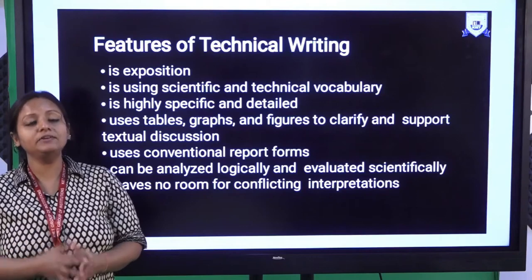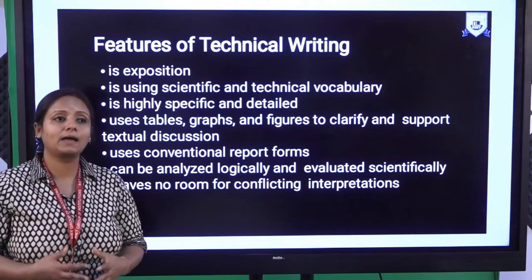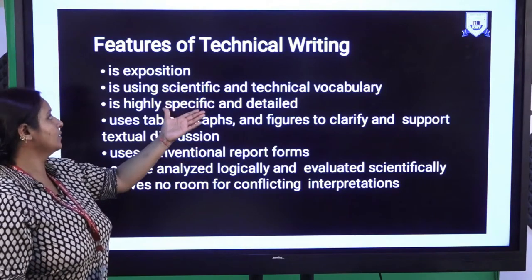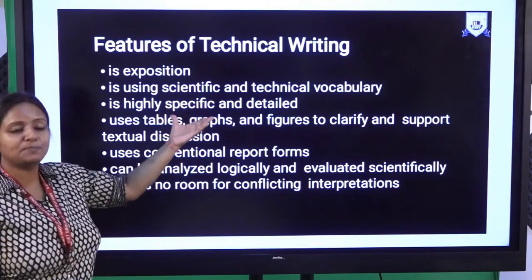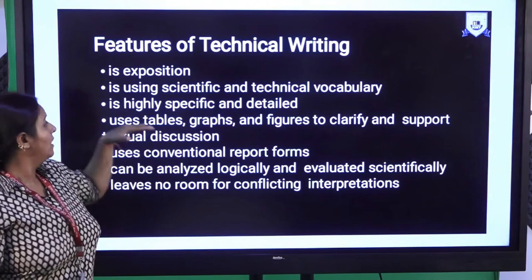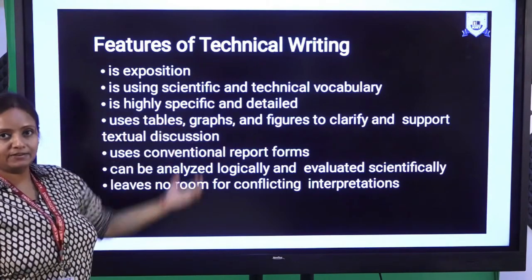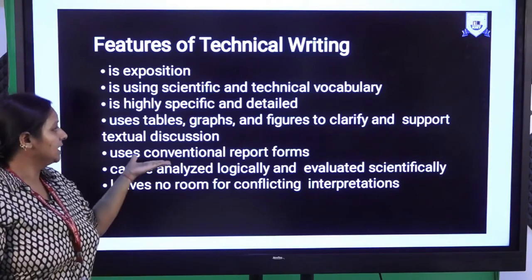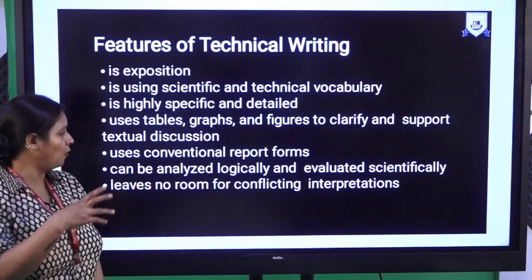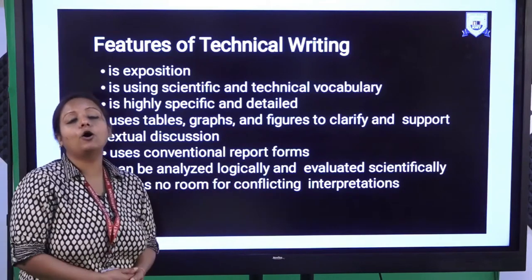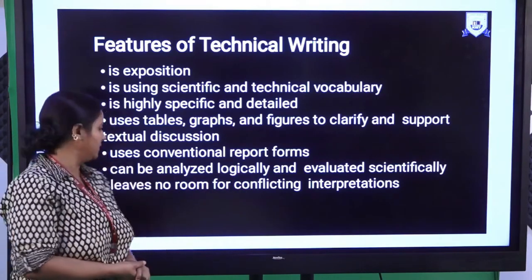Similarly, in the technical field also there are certain sets of vocabulary which are frequently used, and those are used in technical writing also. So they are highly specific and detailed. You can make use of tables, graphs, figures in technical writing to clarify the point. It uses conventional report format and it can be used to analyze logically or evaluate a document scientifically.